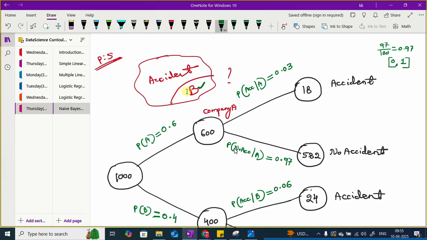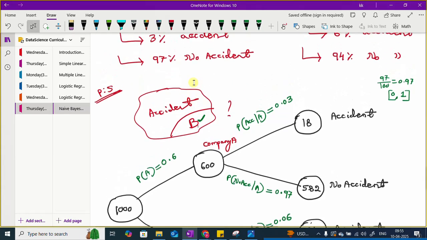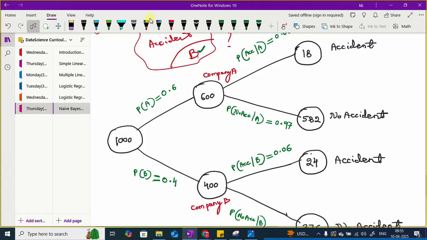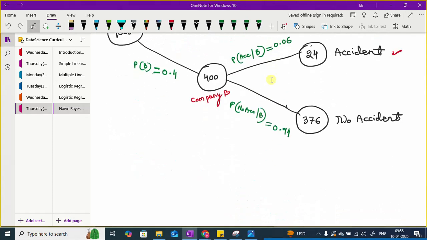Tell me, guys, how many taxis overall face an accident? First one is 18 taxis which belong to company A. Here 24 taxis which belong to company B. So 18 plus 24, these are the number of taxis that face an accident. Yes or no? Tell me.